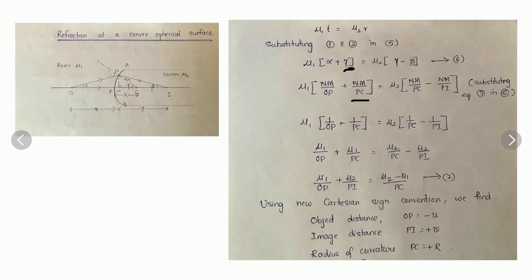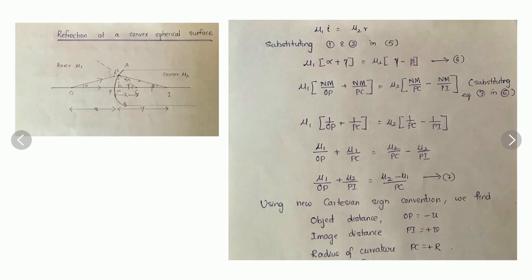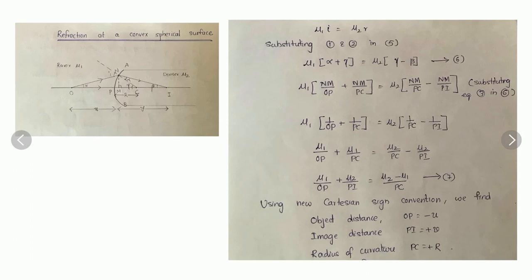Alpha is equal to Nm by Op. Then beta, from the previous one, beta is equal to Nm by Pi. So let us substitute Nm by Pi here. That also we have substituted.